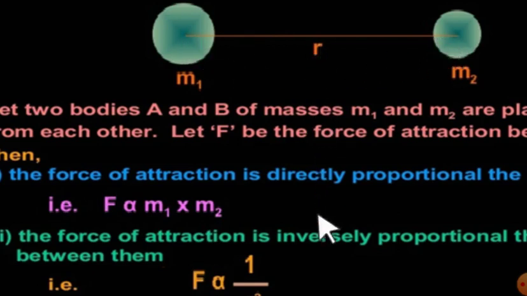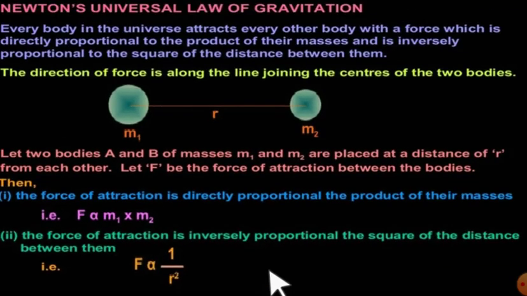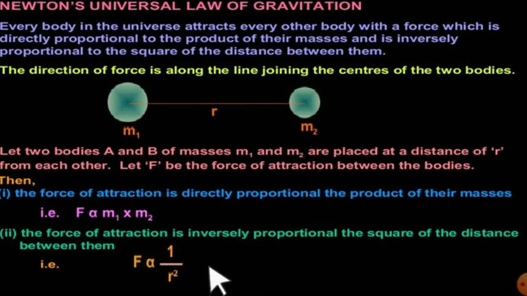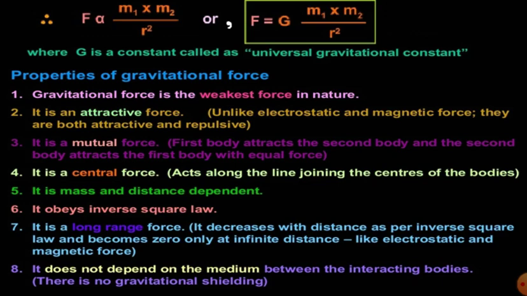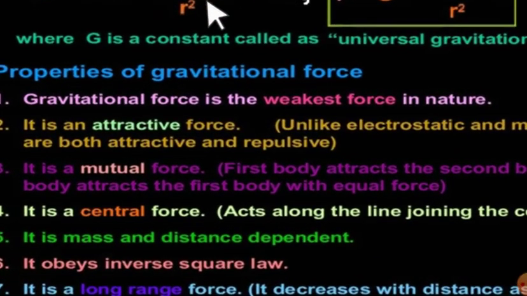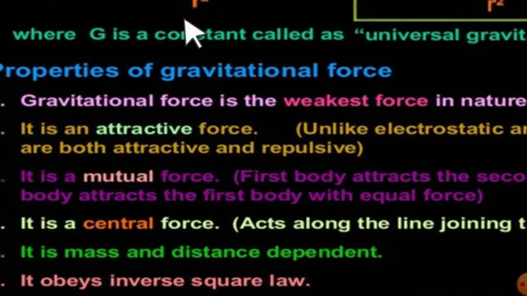So collectively we can write that the force of attraction between the two masses is directly proportional to m1 and m2, and inversely proportional to the square of the distance of separation. We can write it as F is directly proportional to m1 m2 divided by r square.